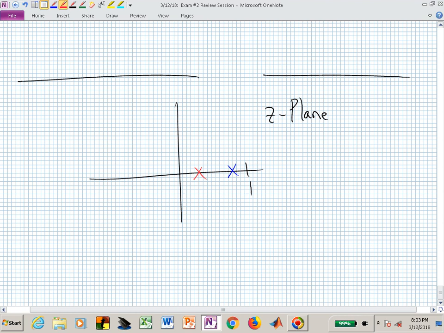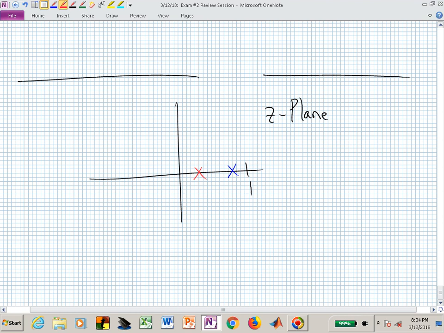I have 2 poles. One is faster than the other. Which of these poles is fast and which one is slow? They have to be relative to each other.